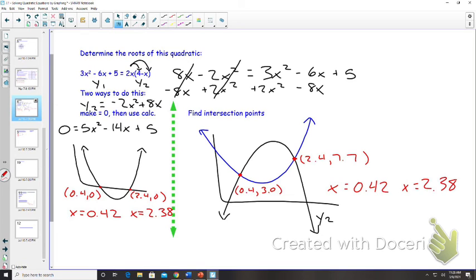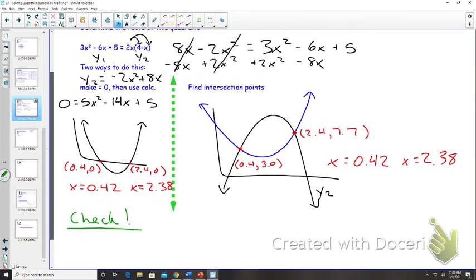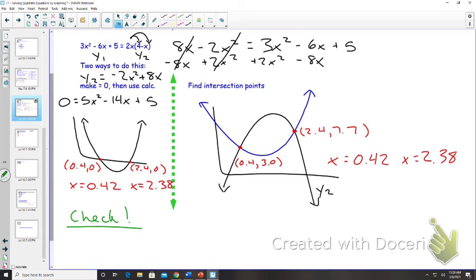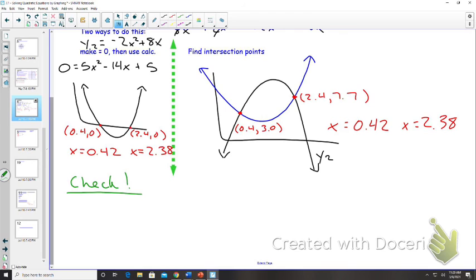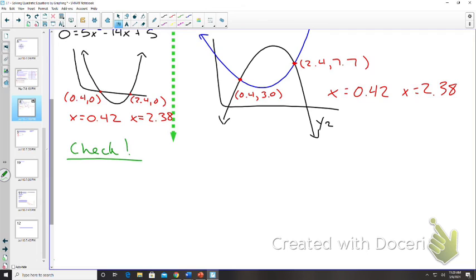Now we need to verify our answer. This is kind of new, but not really. So check. To check our answers, we can substitute x equals 0.42 into our y1 and y2 and make sure they equal one another. We will do the same thing with x equals 2.38.